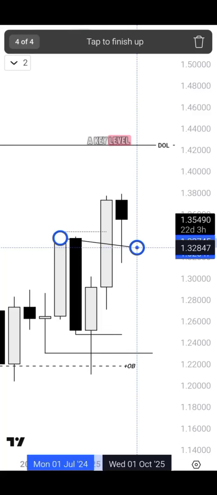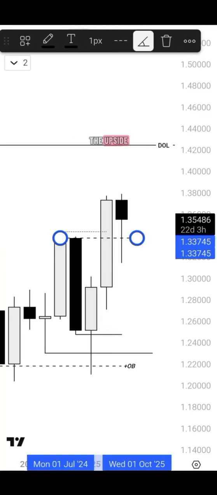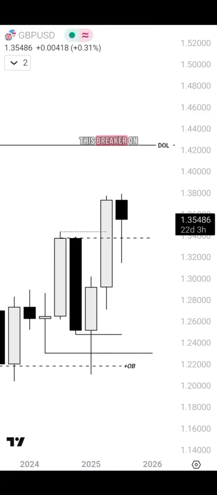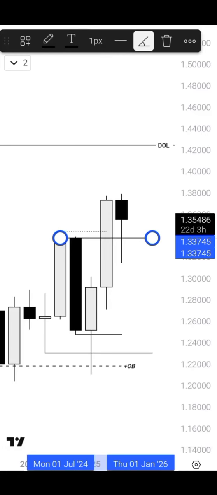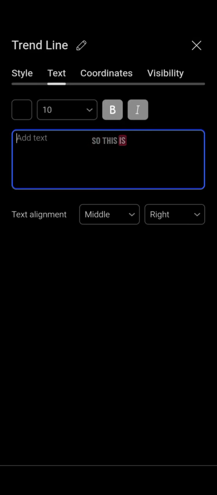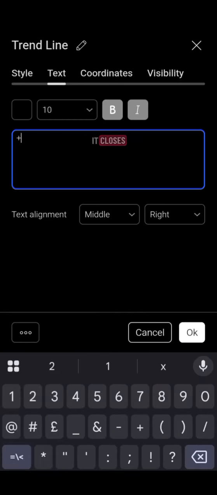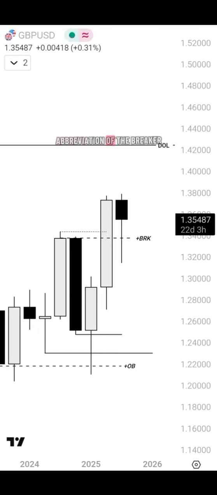On the 3-month chart, a very high time frame key level that is offering support to the upside. So this is a breaker, the plus BRK, abbreviation of the breaker.